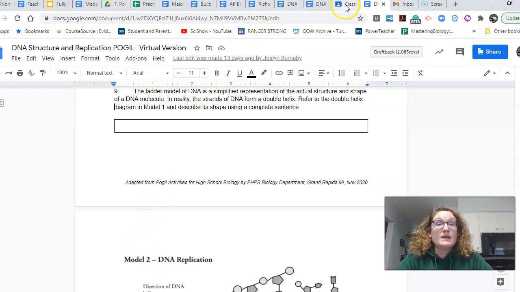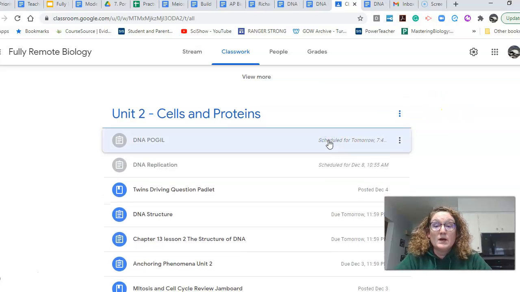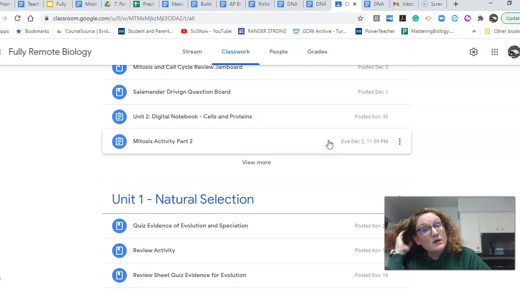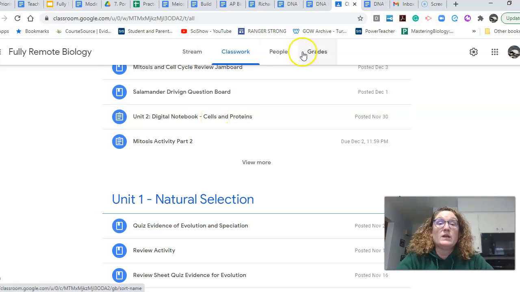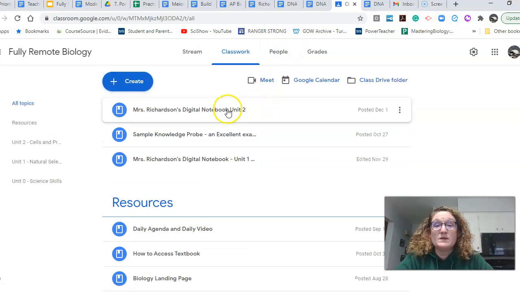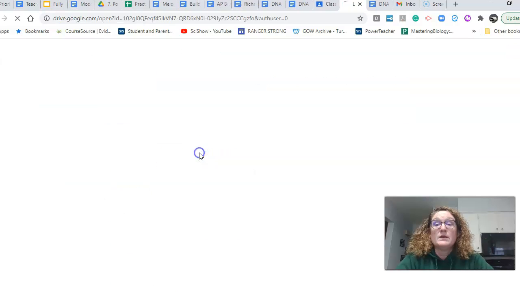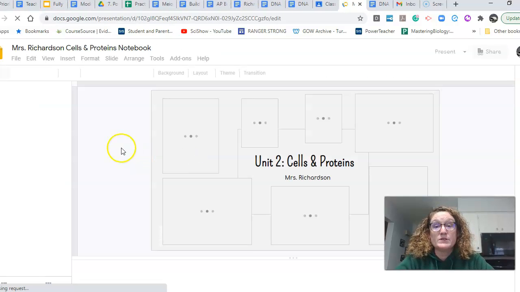Okay, the last thing that you're going to do is you're going to open up your digital notebook, which you should have saved in your biology folder. It's also here, this Unit 2 digital notebook. If you've got it there, you can get to it through your list of assignments. I have mine saved here at the top. Okay, so you can look at mine again to get to know how to fill yours in.